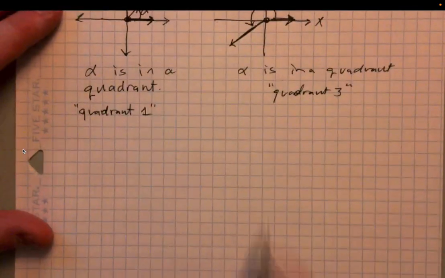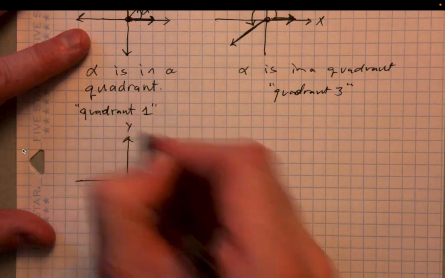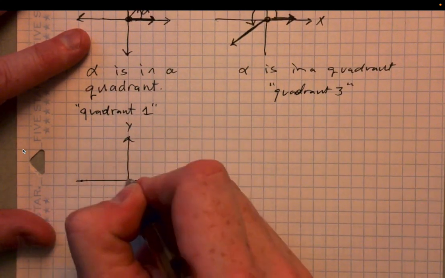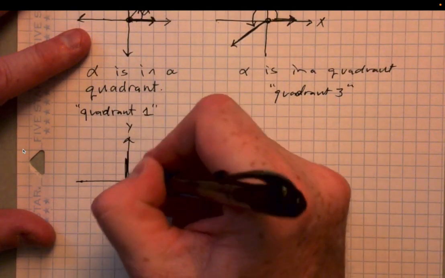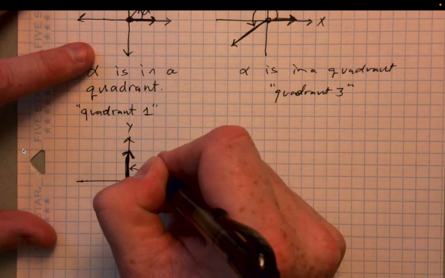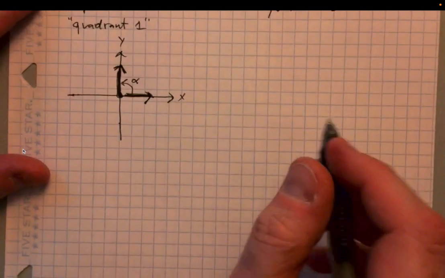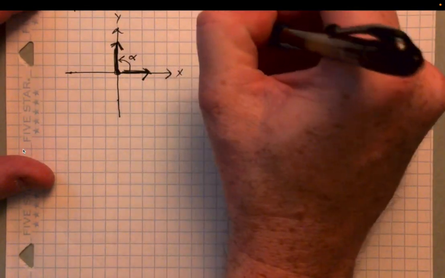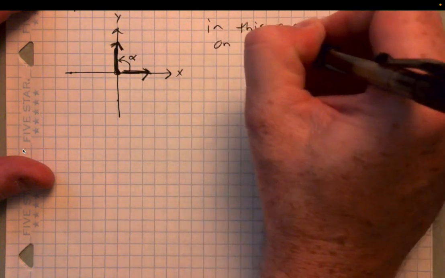You can contrast this with a scenario like this, where again you've got your XY axes and a vertex, you're in standard position, so your initial side is on the positive x-axis, and your terminal side is also on an axis. So in this case, alpha lies on an axis.